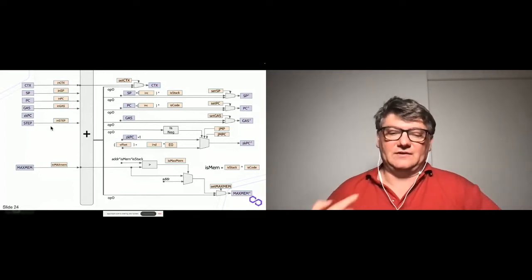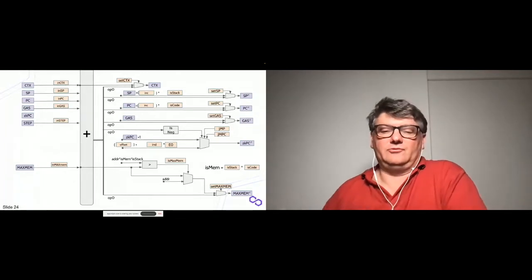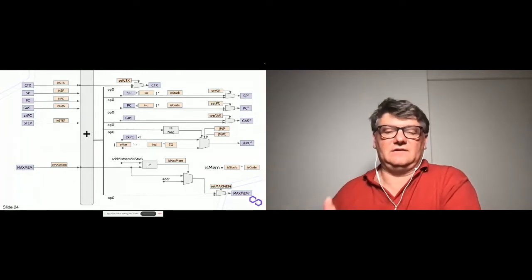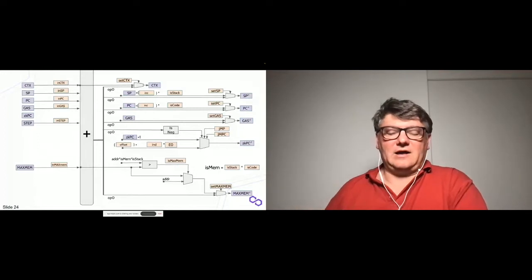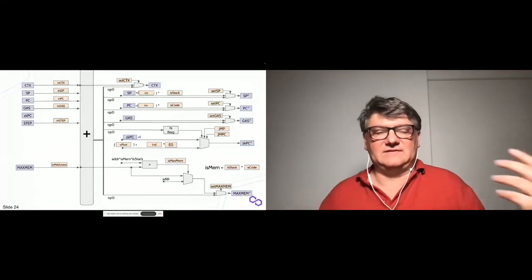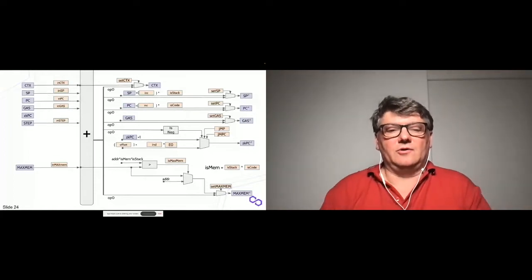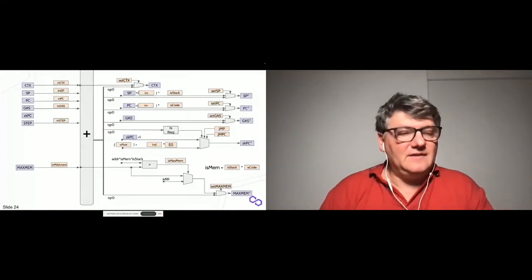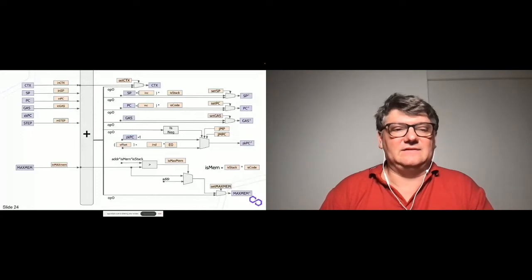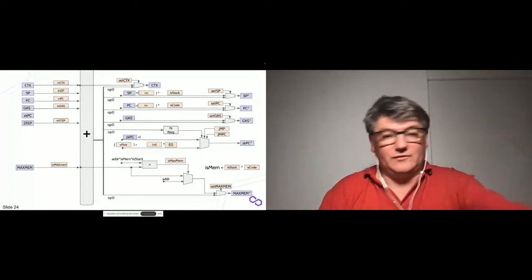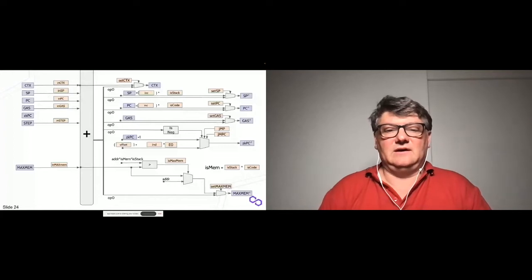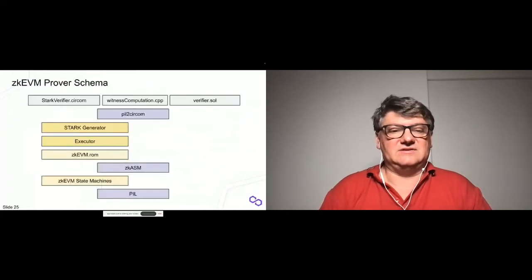When we are processing a call opcode, we are changing the context somehow, and we can go back. And if there is a throw, we can recover the last state. So we have everything that we need in order to process the EVM. But the idea is exactly the same. It's a little bit more complex, with more registers, but the idea is very much the same.